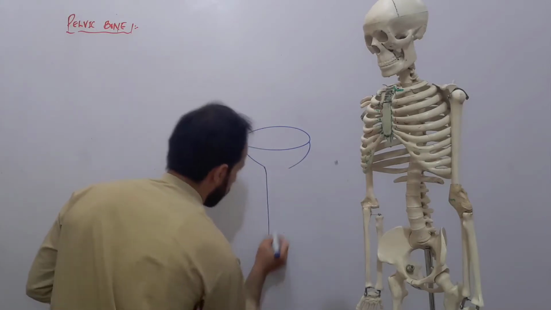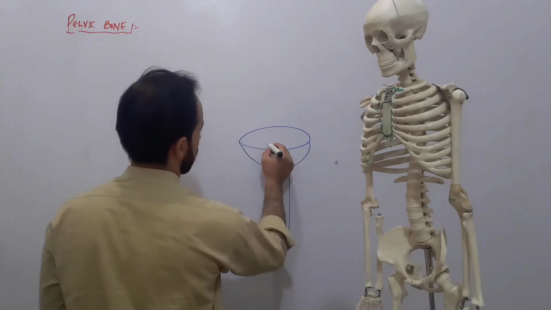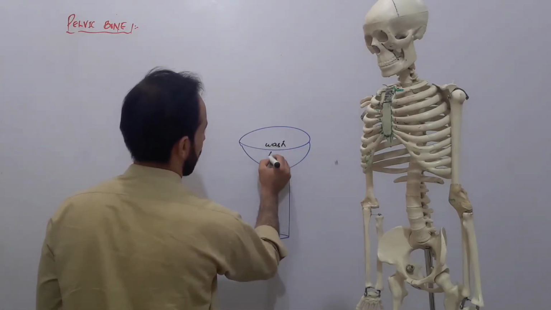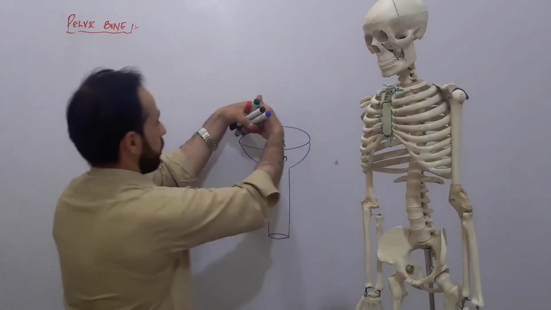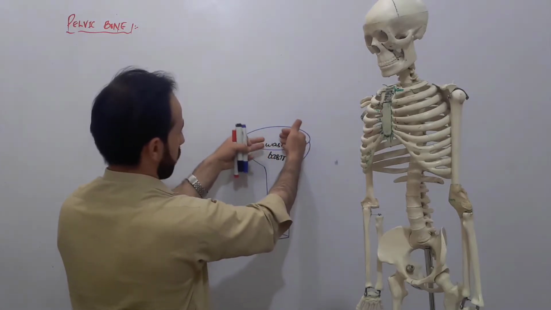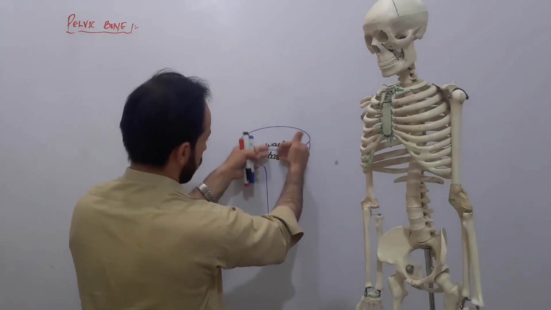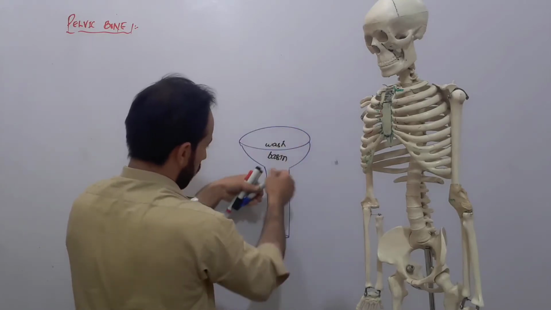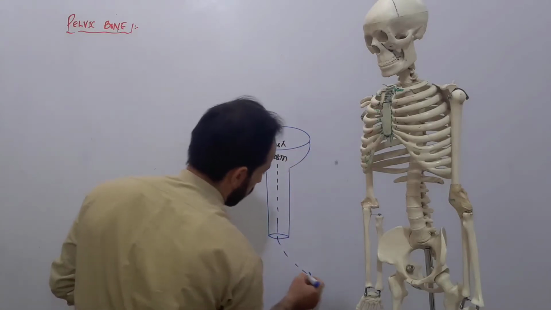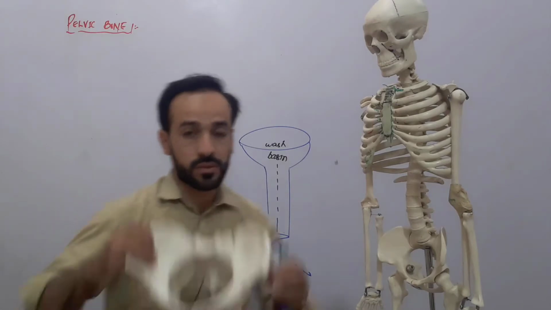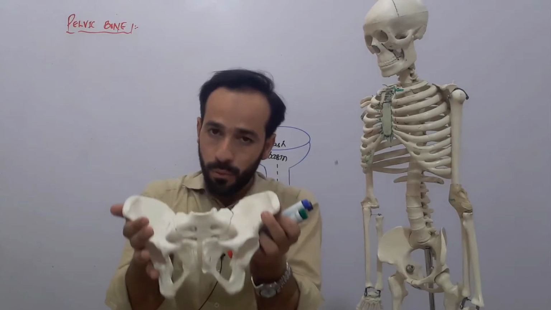The water and everything that gathers from washing your hands passes from the upper surface through the lower surface, and it drains. Same is the case with your pelvic bone. Your pelvic bone is a basin shaped bone.